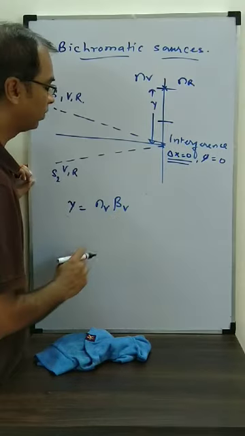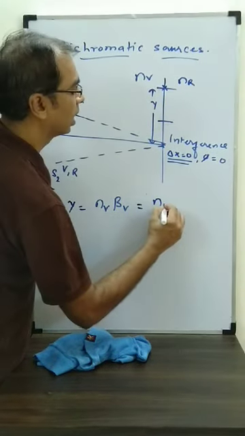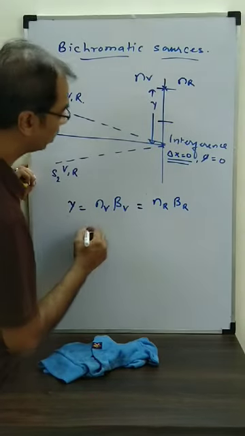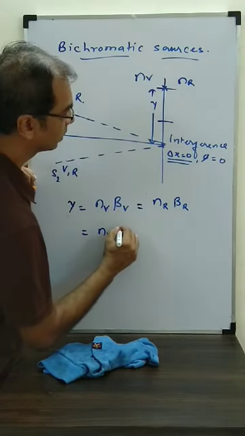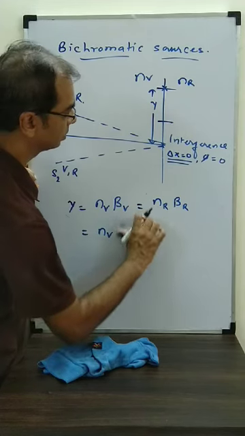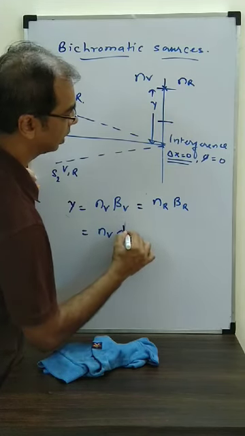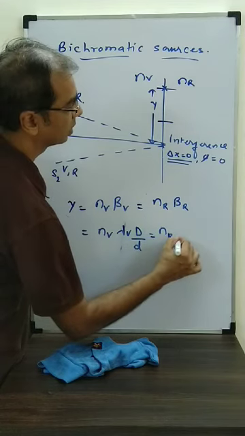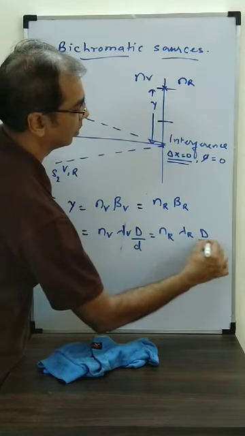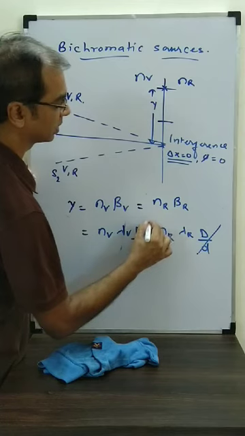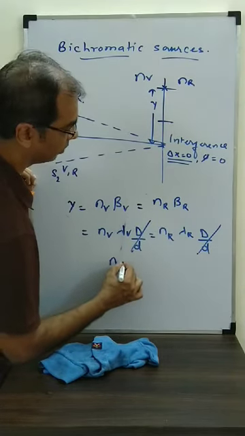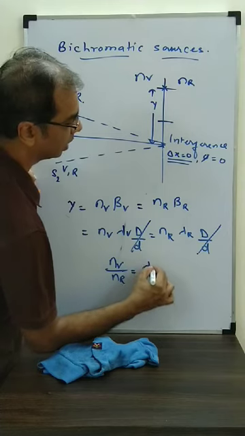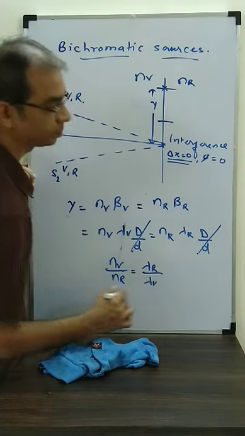Same way for red, NR beta. Now what is beta V? Lambda V d by D equals NR lambda R d by D. This d by D gets cancelled, so we get NV by NR equal to lambda R by lambda V.